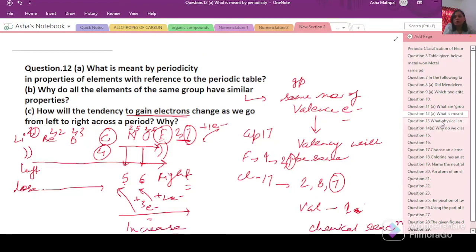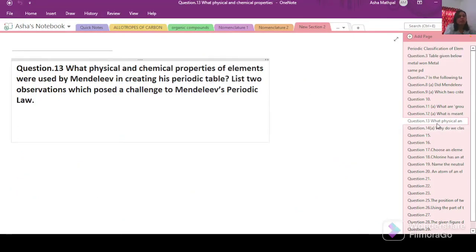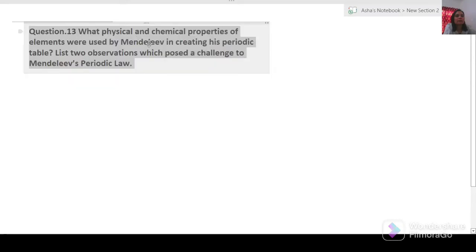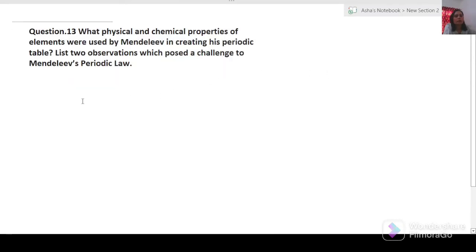Then, what physical and chemical properties of elements were used by Mendeleev in creating his periodic table? Now see, the physical property was basically the atomic mass.